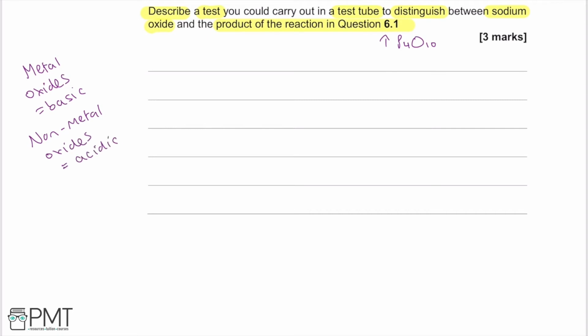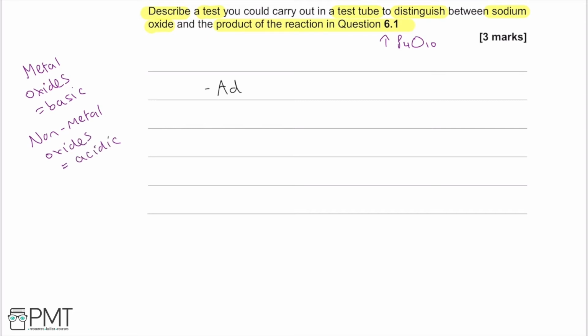and that gets us the mark. We are then asked to describe a test you could carry out in a test tube to distinguish between sodium oxide and the product of the reaction in part 1, that we now know is phosphorus oxide. Now, the key fact here is that metal oxides are basic and non-metal oxides are acidic.